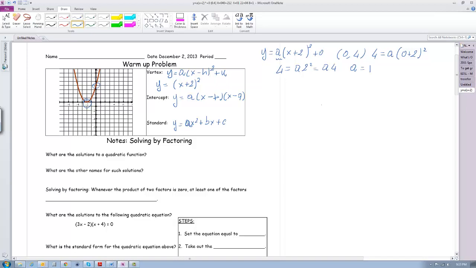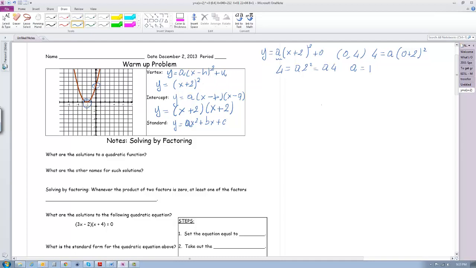So the solutions for this parabola are actually -2 twice. So p and q are -2. And this formula will be y equals x plus 2 that multiplies x plus 2. And again, as you can see, this becomes very easily the same as the vertex form.